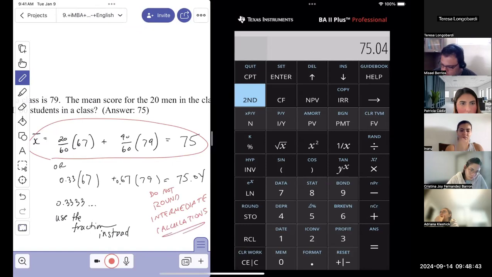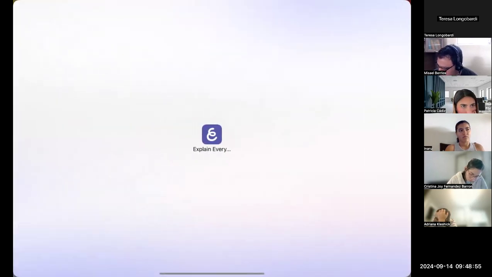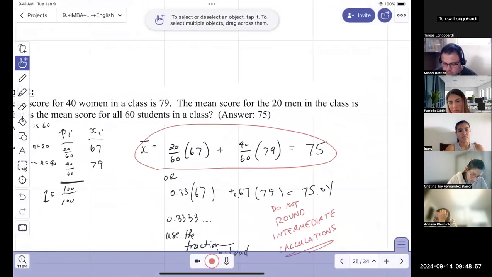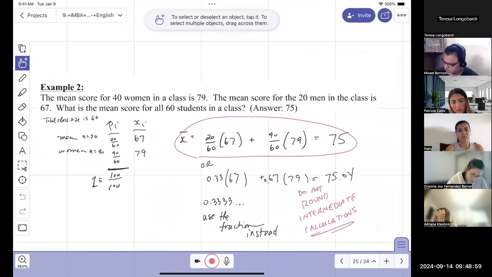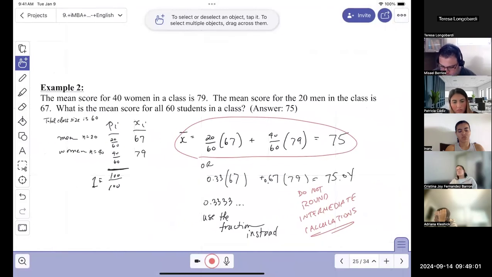Do not round intermediate calculations. Got it? Does it make sense? It's a slight difference, but it can have an effect depending on the numbers, and you don't want that. All right, so that's the second example of a weighted mean. So we had to create the weights. It was that extra step.